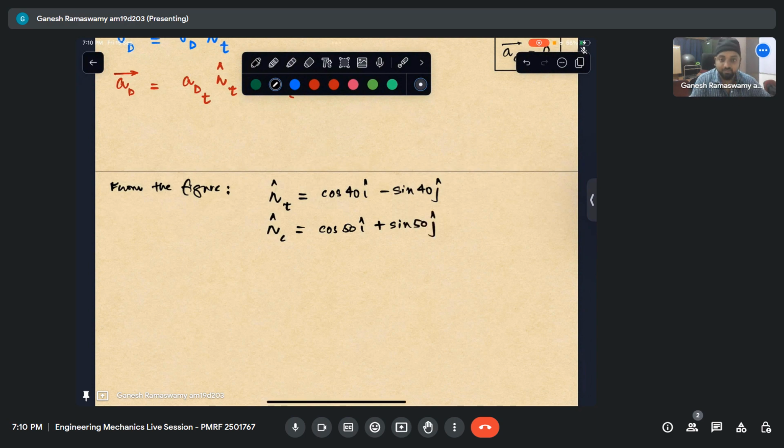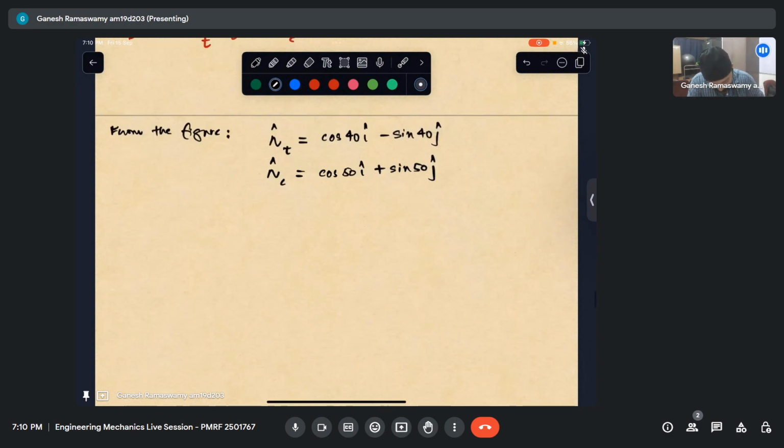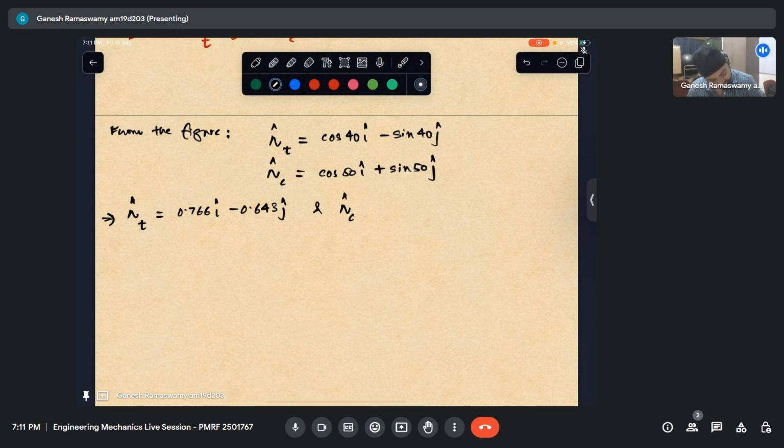So let us also evaluate this. This will be cos 40, so 0.766 i cap minus sine 40, which is minus 0.643 j cap, and nc cap is cos 50, 0.643 i cap, plus sine 50, which is 0.766 j cap.